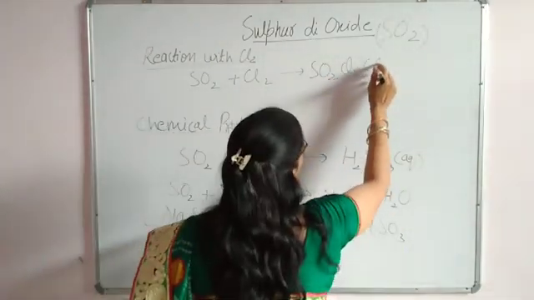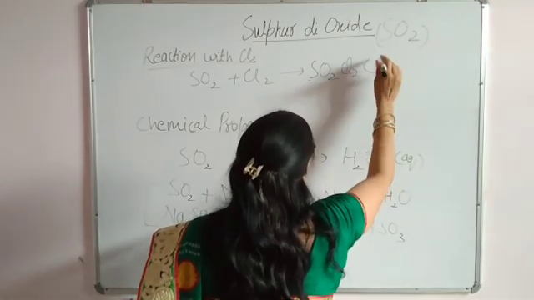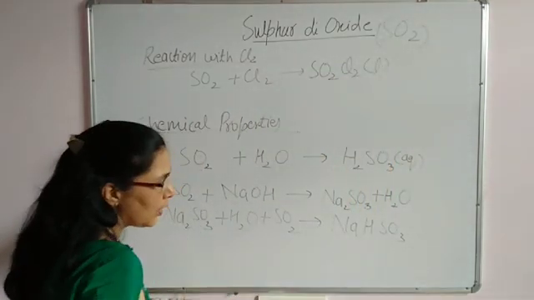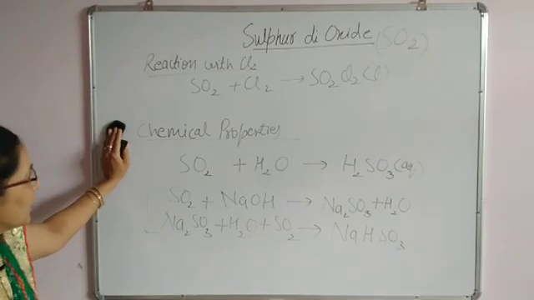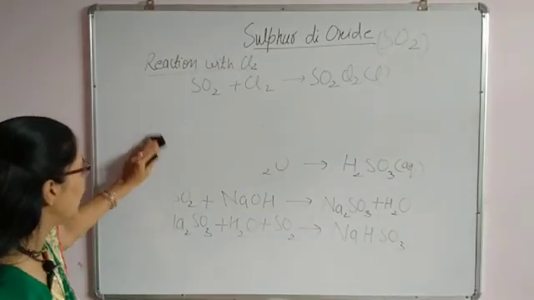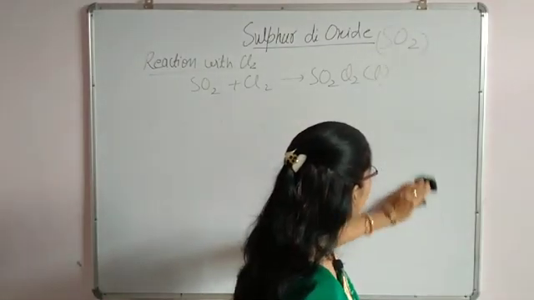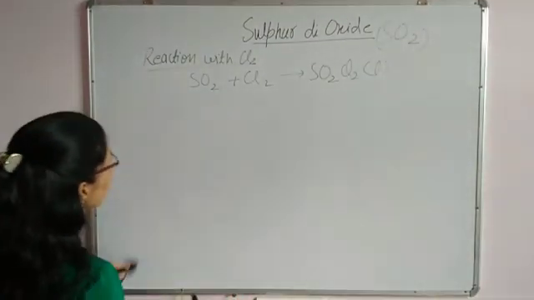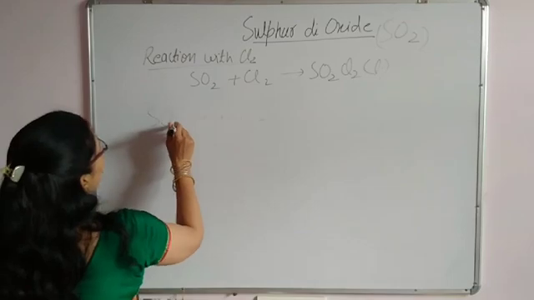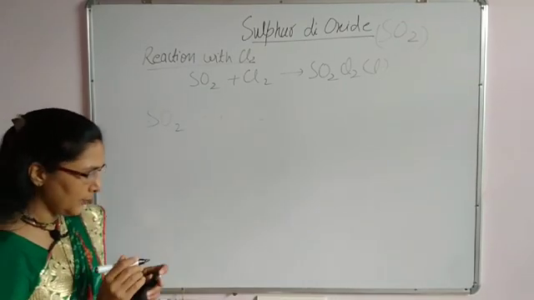This is a new compound, it's not a gas, it is a pure liquid compound. Now reducing agent or reducing action of SO2 gas. It is the most important property.